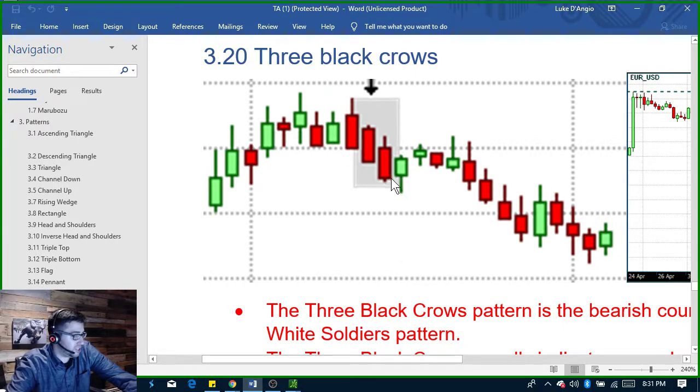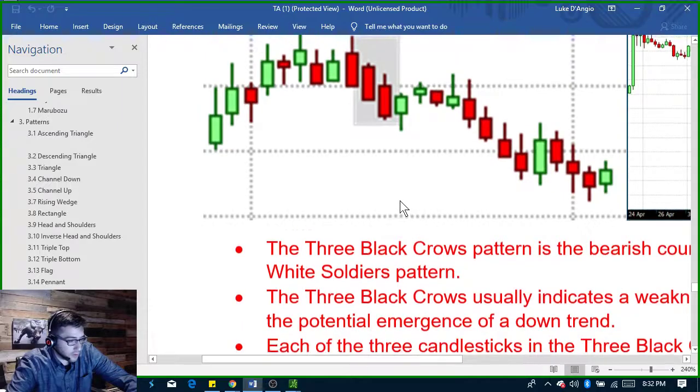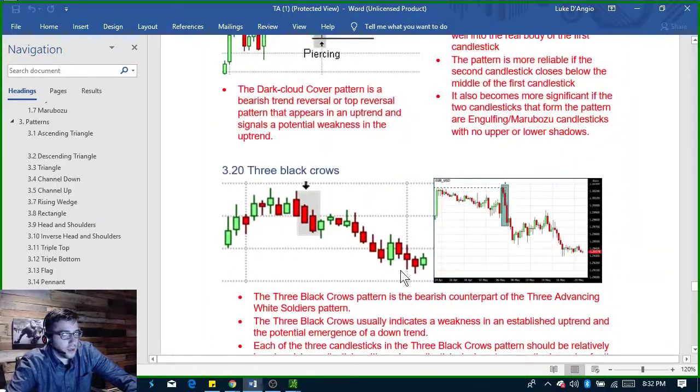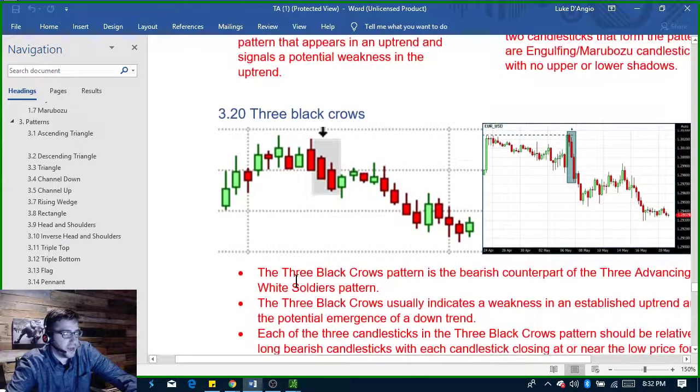So 3 is just even more of a confirmation that, okay, hey, you have a black crow, which means 2 red candles going to the downside, and then a third one is like a super confirmation. There we go. And as you can see, here's the chart to the right. If you follow along, it turns into a bad downtrend.